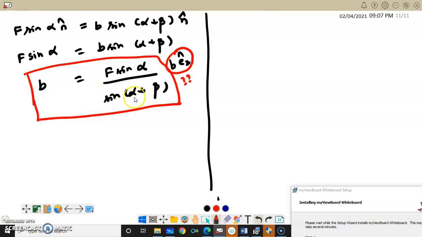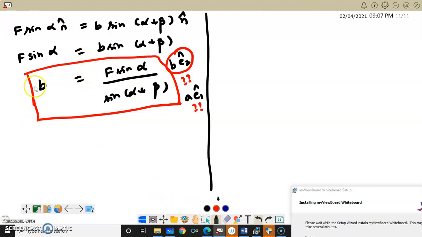Similarly, we want the value of A. What is A here? A E1 cap, and we want to find the value of A. How to find A? Here we multiplied by E1 cap. Now we will multiply vectorially by E2 cap.